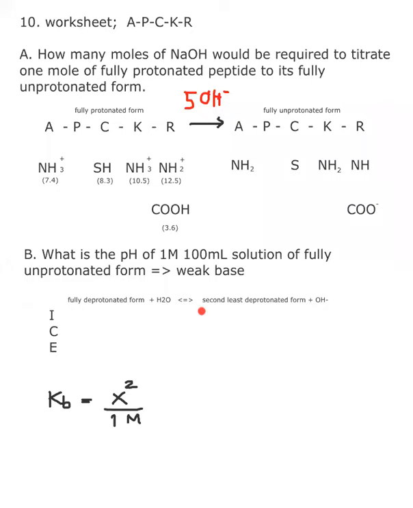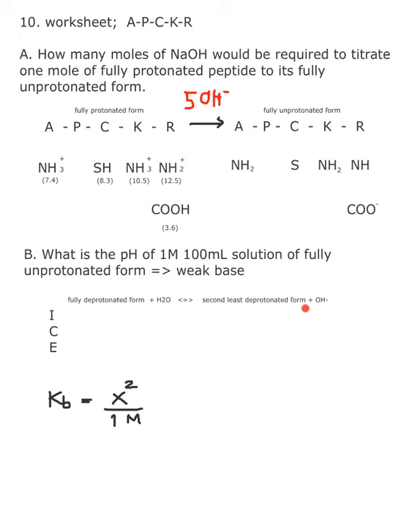From this equation, you can notice that the difference in the number of protons between the fully deprotonated form and the second-least deprotonated form is only 1 proton. So you would think about which will be the first group of this oligopeptide that can receive a proton from water.